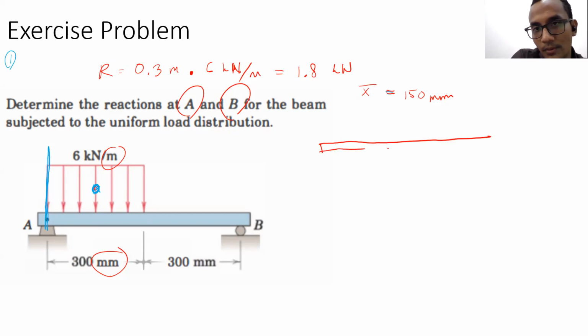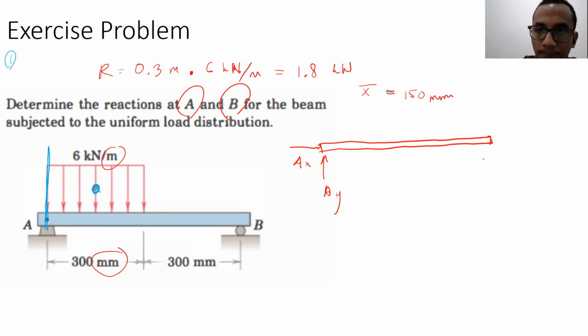So the new free body diagram is supposed to be like this. At A there will be Ay and Ax, and at B only By.